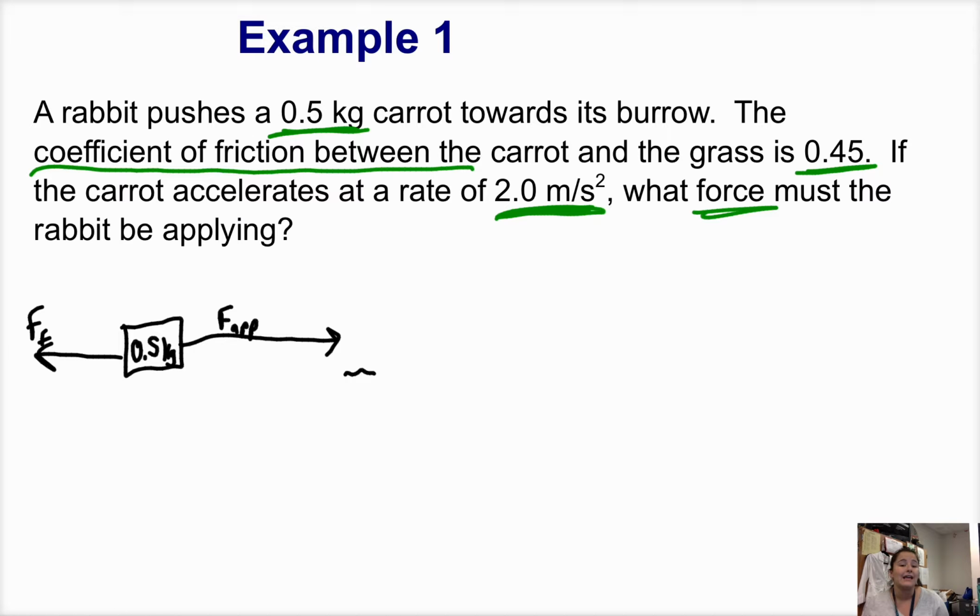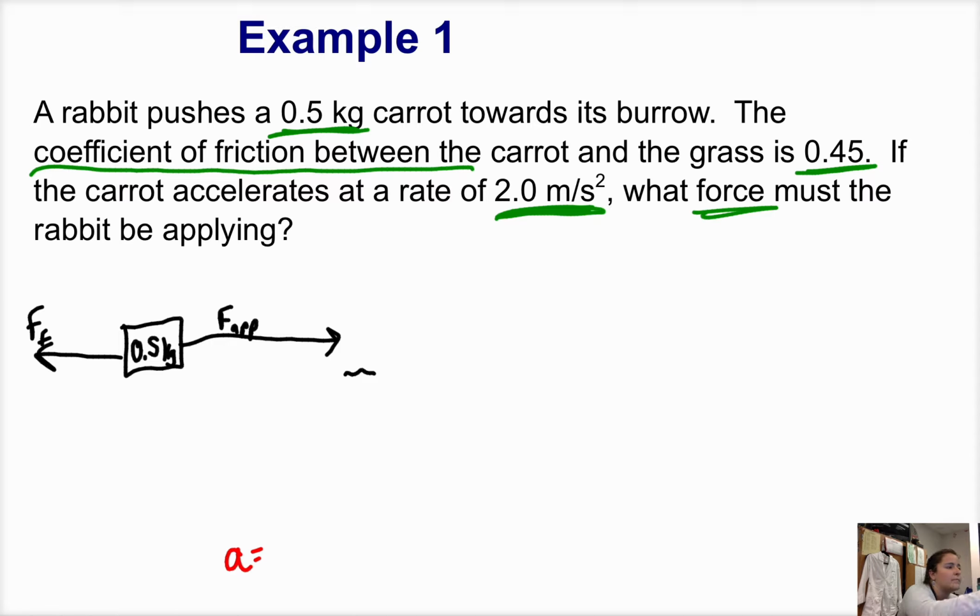And it is accelerating. So the acceleration is 2.0 meters per second squared. And then we know that the coefficient of friction, mu, is 0.45.